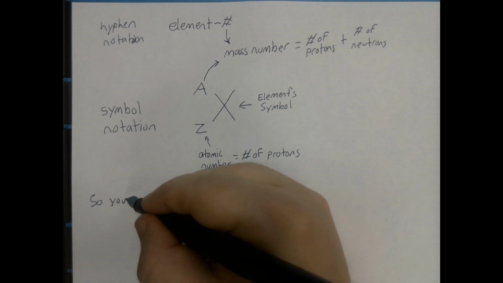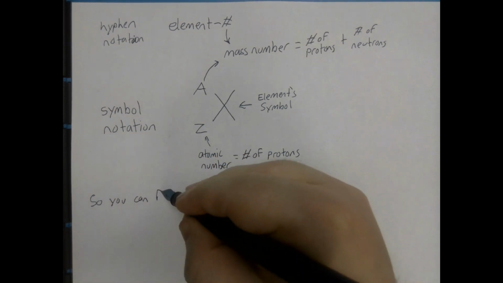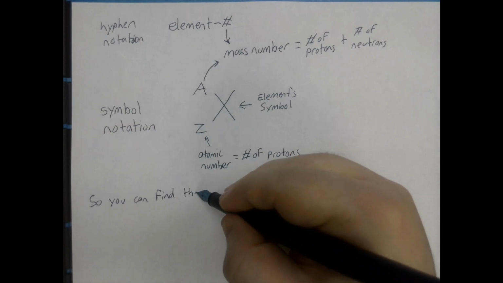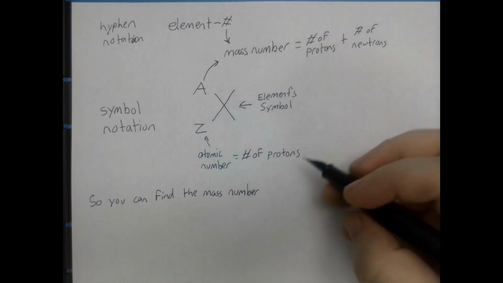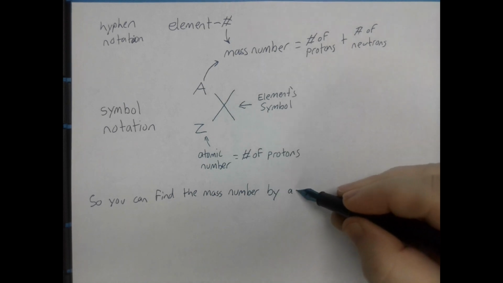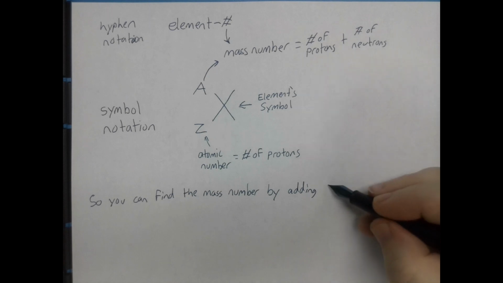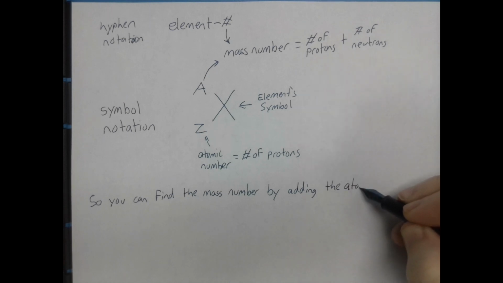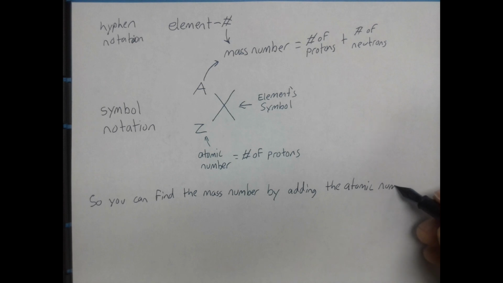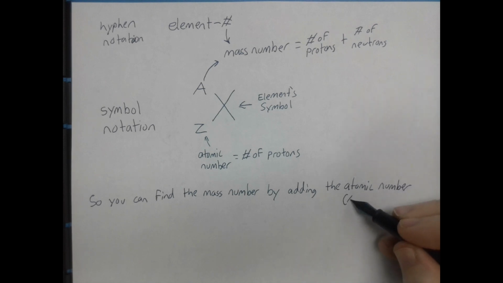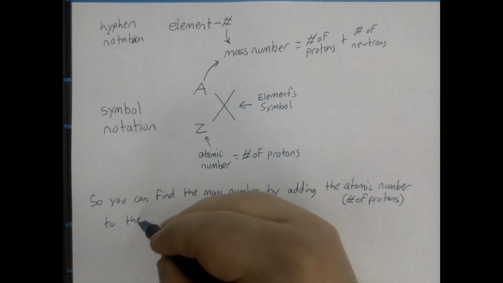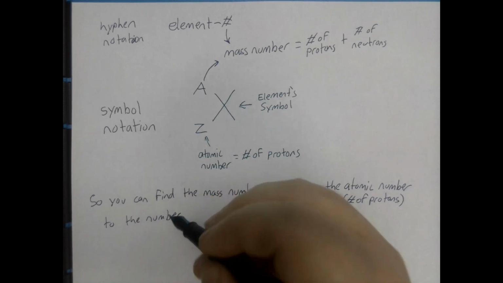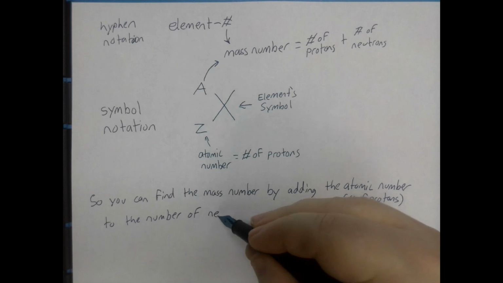So you can find the mass number by adding the atomic number, which is number of protons, to the number of neutrons.